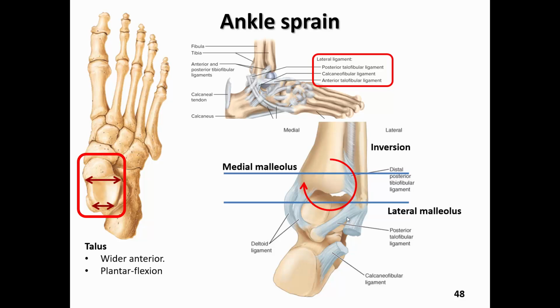The opposite of this is eversion, where the foot rotates in the opposite direction, laterally, but you can see that as it rotates laterally, the talus would contact the lateral malleolus, the distal part of the fibula, much sooner, thereby limiting the amount of ankle eversion compared to ankle inversion.